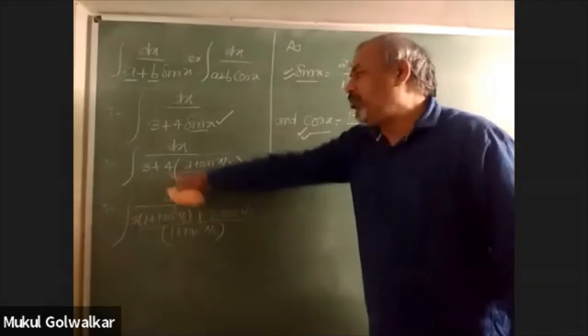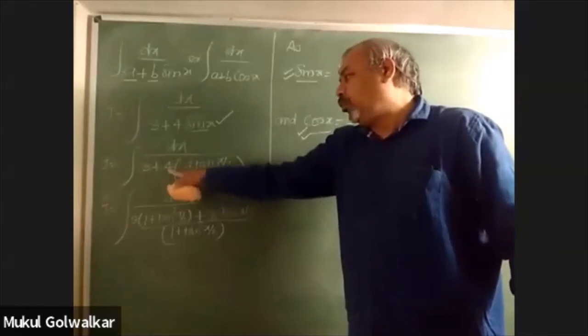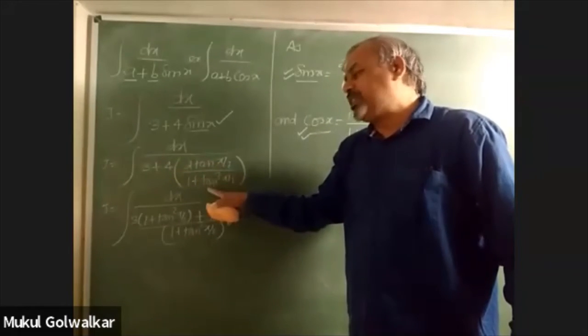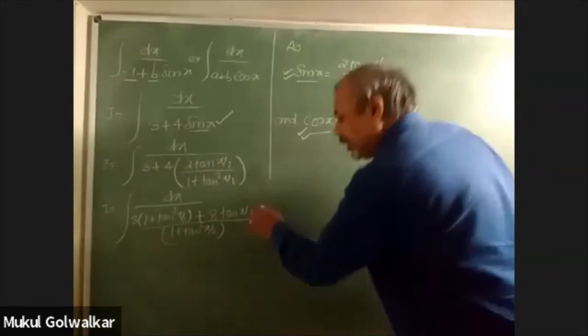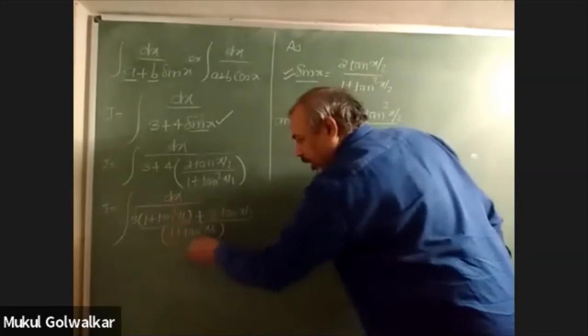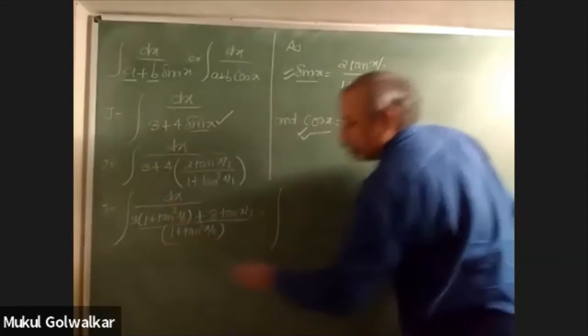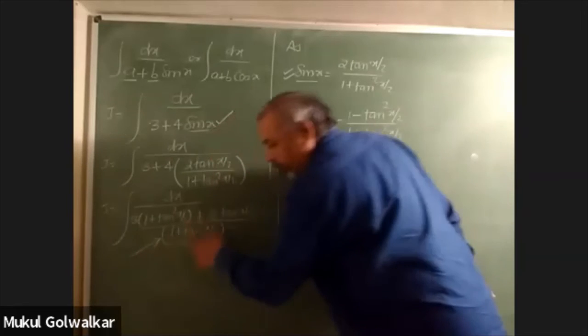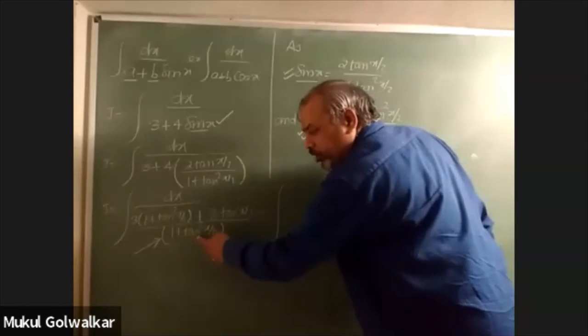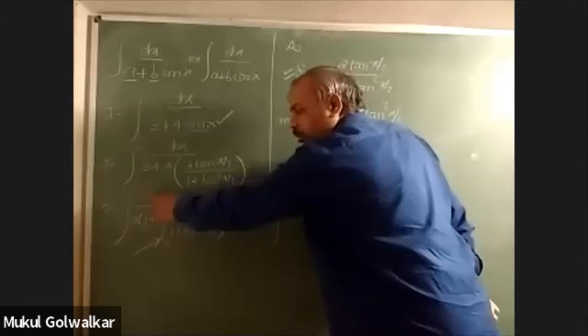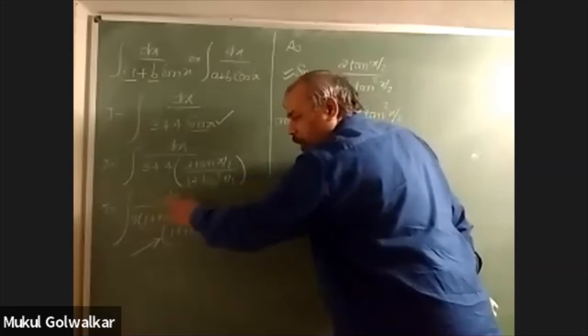This is the LCM we have taken for 3 plus 4 into 2 tan x by 2 upon 1 plus tan square x by 2. And simplification here after I am doing. This is the denominator of the LCM. So this denominator, after inverse multiplication, will be written as a multiplying factor for dx.